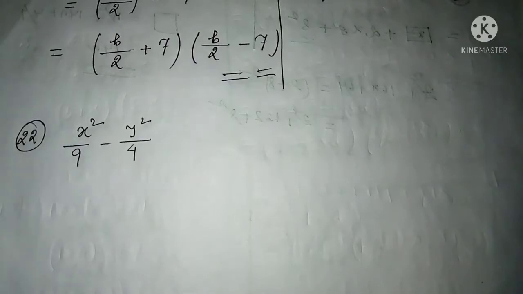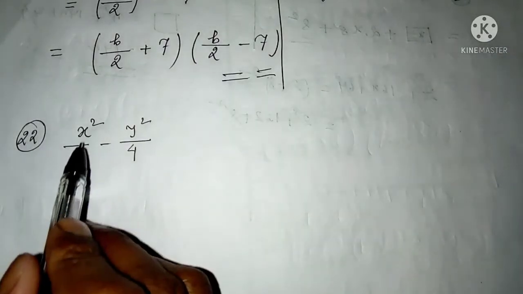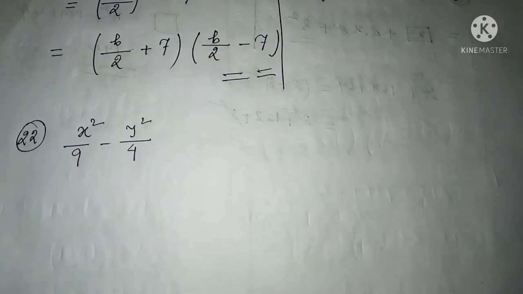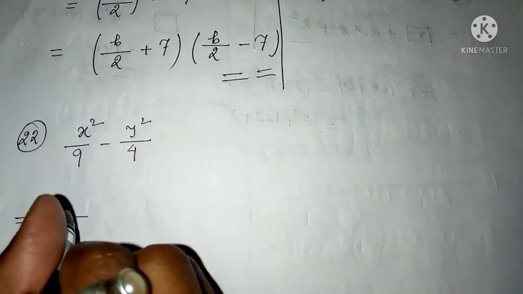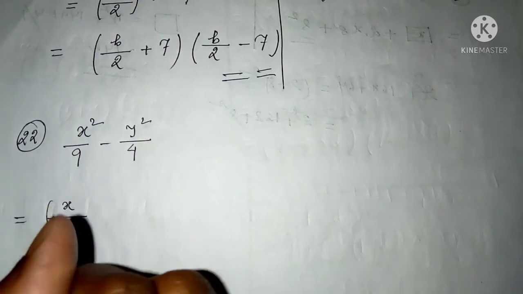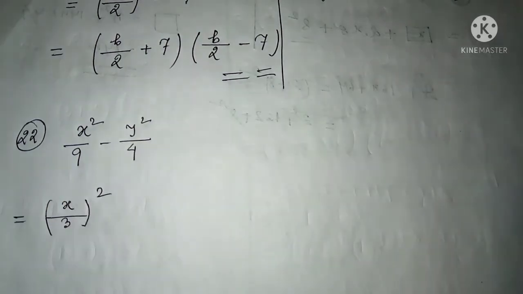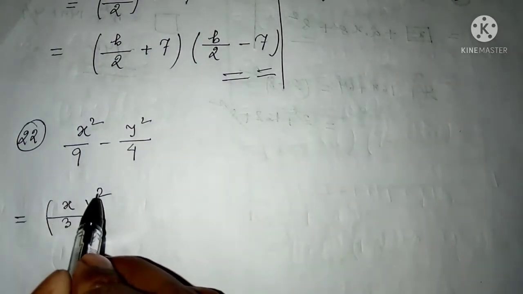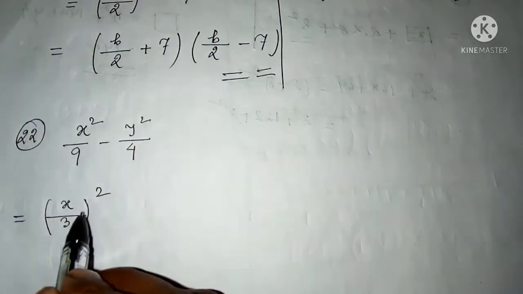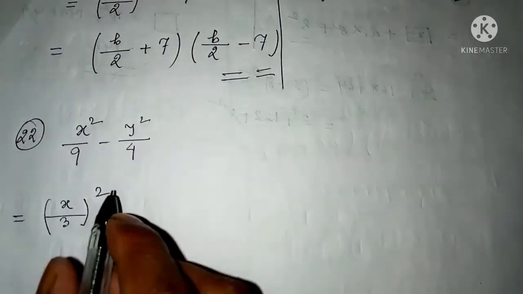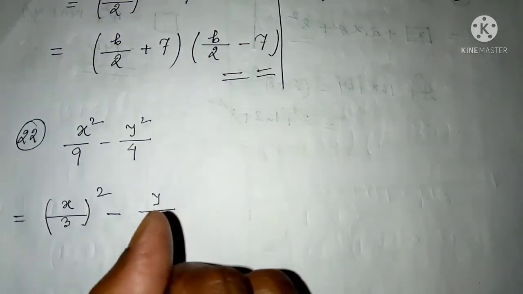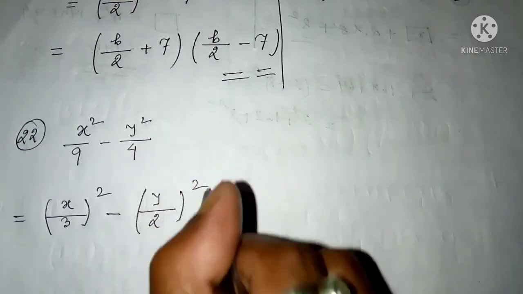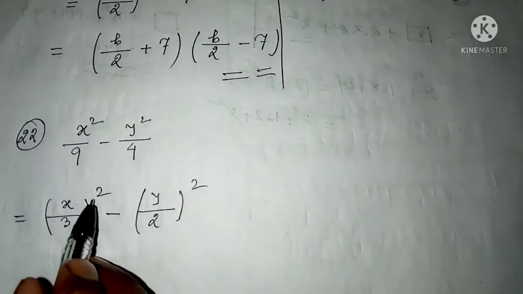Now see, this is our 22nd question, that is x square by 9 minus y square by 4. Okay, now see here, x by 3 whole square, can I write like this? Because when the power comes over x, it will be x square, and again 3 square means 9. Then here y, 2 square means 4, so you write y by 2 whole square.